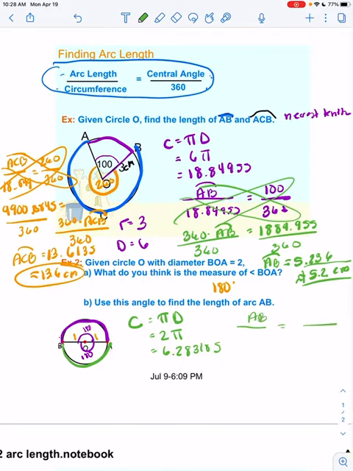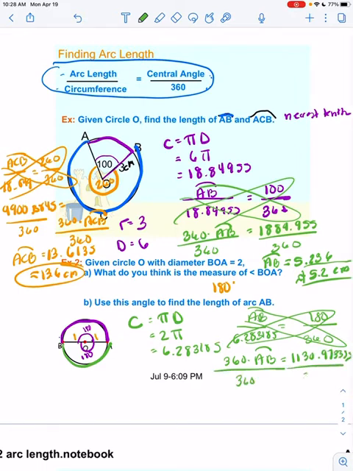And then we'll set up the proportion. Arc AB over 6.283185 equals 180 over 360. And again, we know our answer should be like 3 and change, right? It should be half of the circumference, but let's see if it works. 360 times arc AB equals 180 times the circumference, which gives us 1,130.973355.